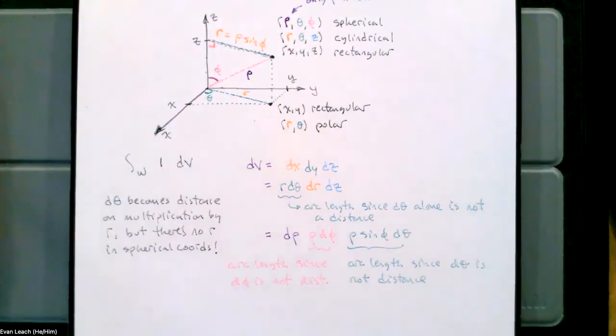I need to use arc length since d theta is not distance. And I need rho sine phi because that's r in terms of rho and phi.